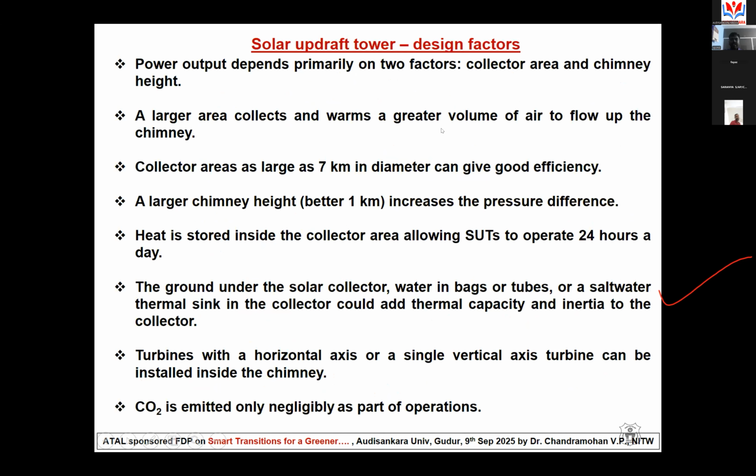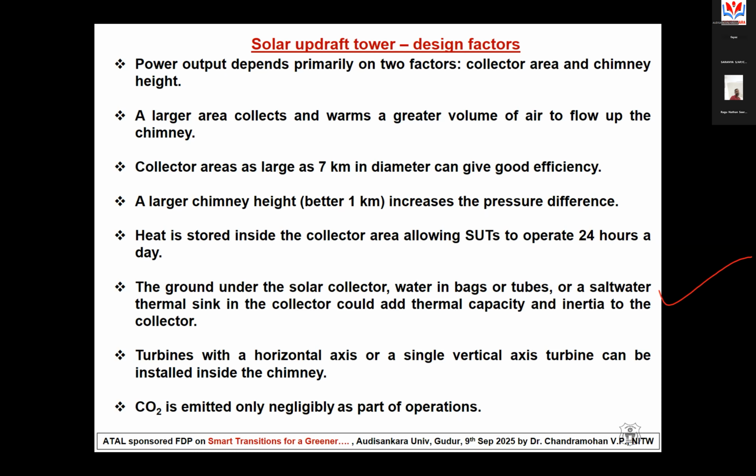There are some design factors that must be taken care of here. The power output depends primarily on two factors: one is collector area and the other is chimney height. The collector area is as large as 7 kilometers in diameter. Could you imagine, 7 kilometers in diameter? Such a huge circle is needed. So is it possible in cities and towns?